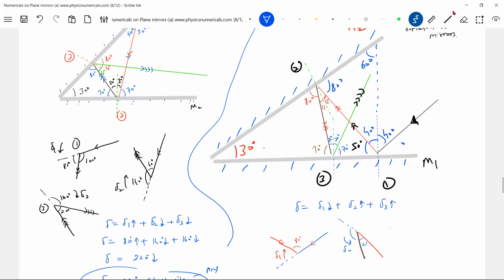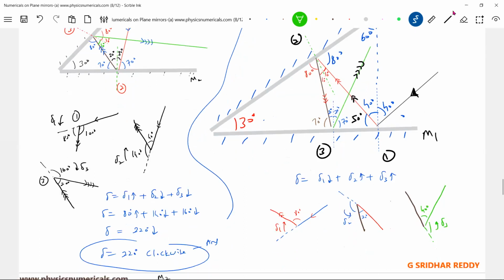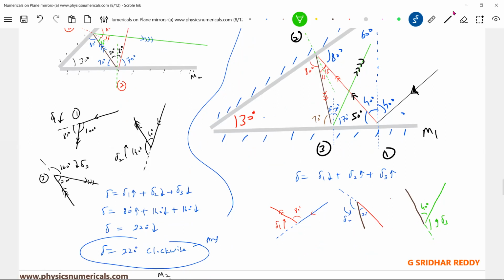Now come to ray 3, reflection at 3. So the ray wanted to go this way. After reflection, the ray will move in this direction. So this total angle will be 40 degrees. What will this angle be? Delta 3. Got the idea now why I'm showing the angles clockwise, anti-clockwise. Here I'll measure clockwise. This delta 1 is clockwise. Delta 2 and 3 are counterclockwise or anti-clockwise.